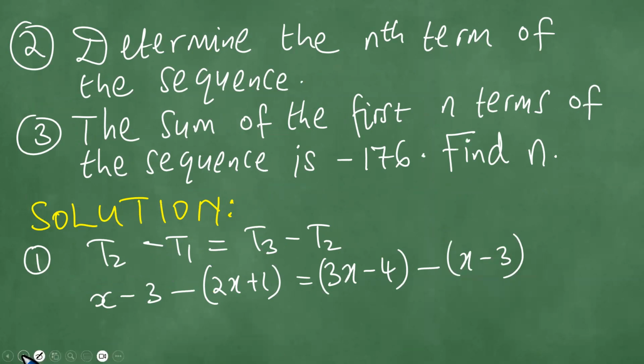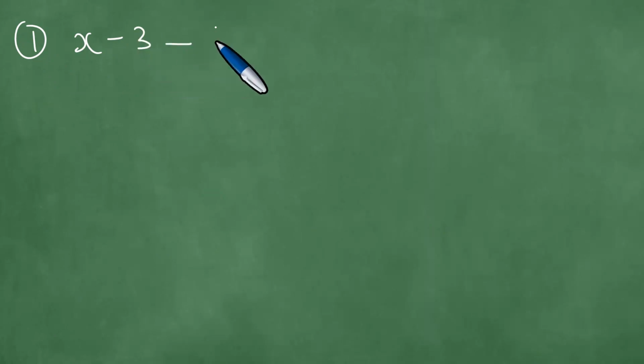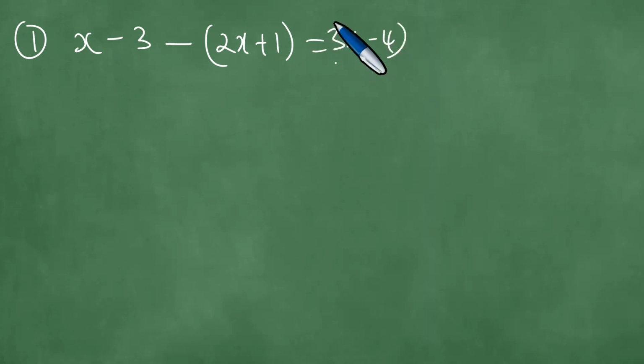So which means that at this point, for part 1, we have x minus 3 minus 2x plus 1 is 3x minus 4 minus x minus 3.